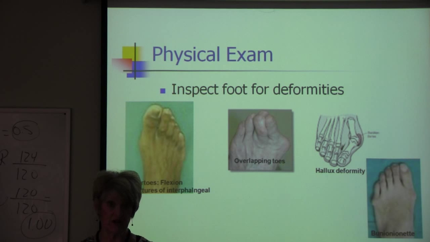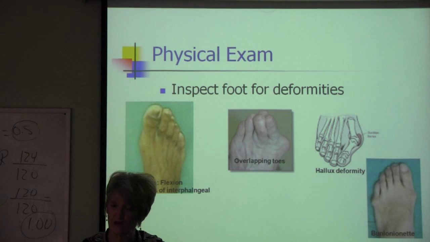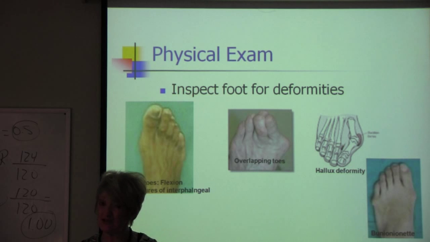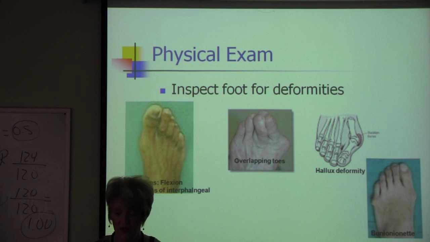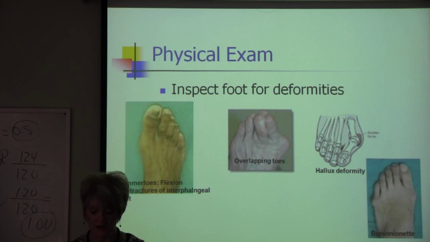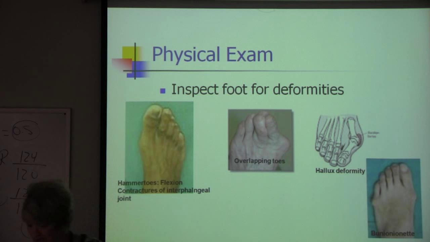The other thing that's very helpful, and we'll come back to that, is that while the patient's standing, you can literally do a tracing around their foot, and you can use that to evaluate the appropriateness of their footwear. But the most critical thing in evaluating for motor function, first of all, inspect for deformities.